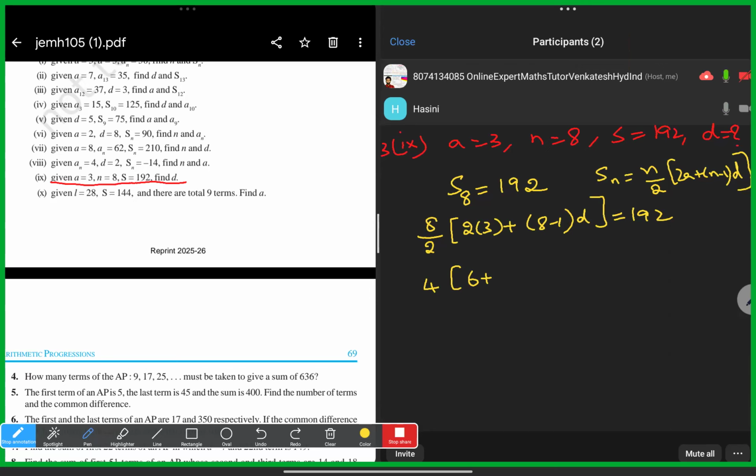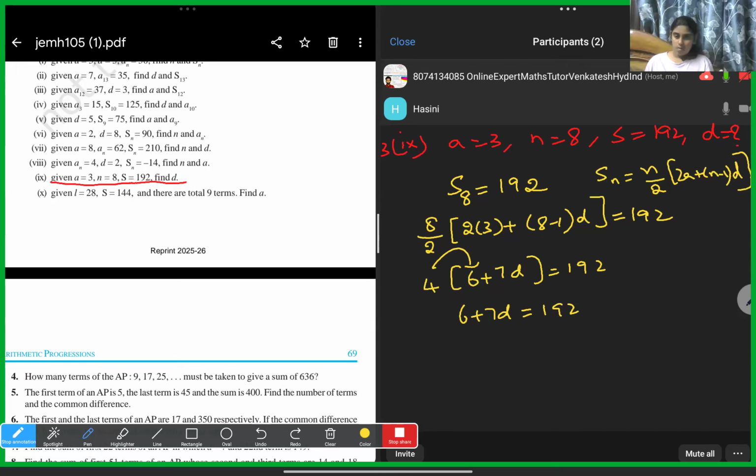4 into 6 plus 8 minus 1, 7d is equal to 192. So here you can do it two ways. One is distribution, 4 into 6, 4 into 7 like that. The other is 4 will go to the right side and become 192 by 4.